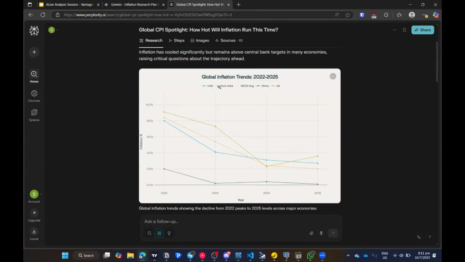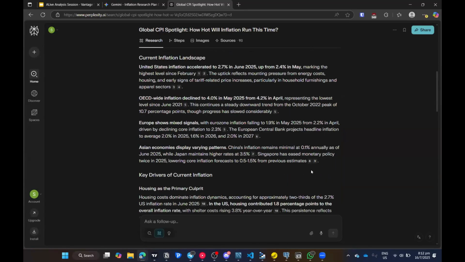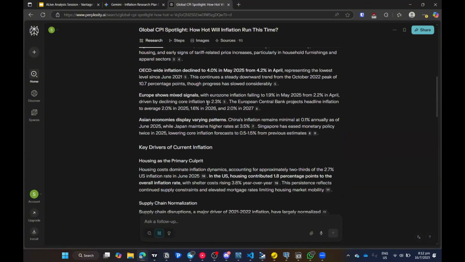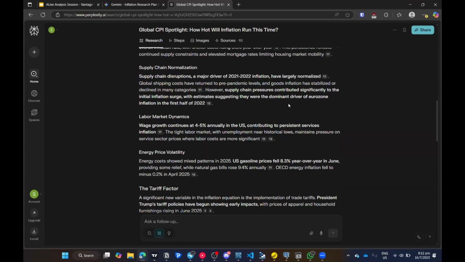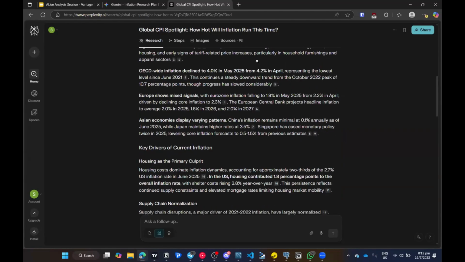But overall, you can see the inflation trends since 2022, where we were seeing 8 to 10% year-on-year inflation, dropping down to a healthier level of around 2%. Okay. The bad thing about Perplexity is that it gives you lots of words and doesn't present it in a very nice infographic. So if you guys are interested, do check them out.